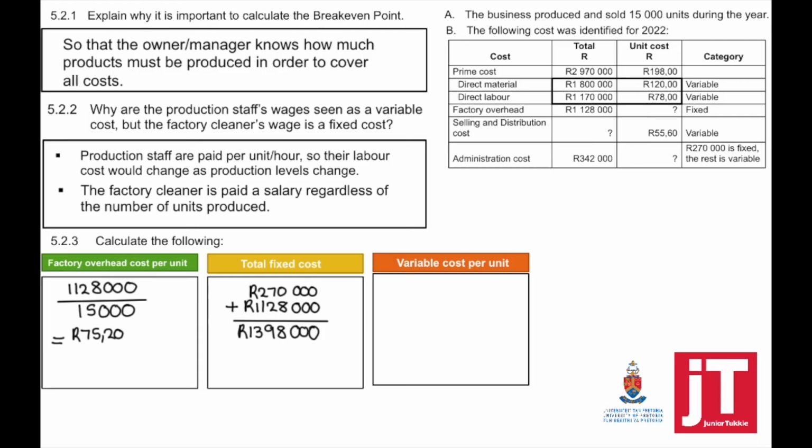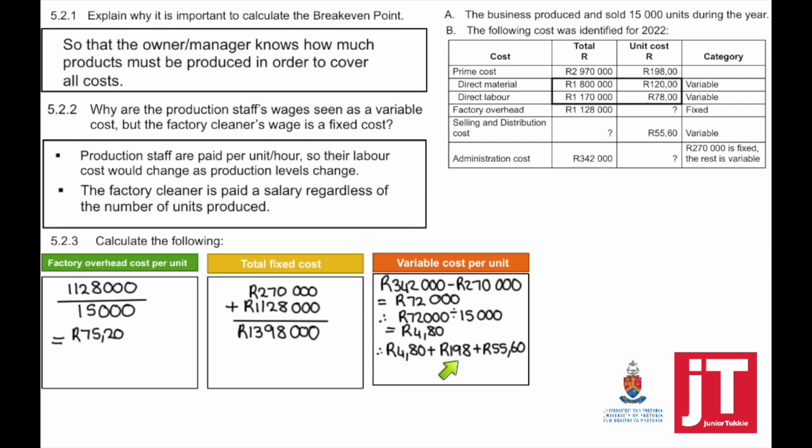To calculate the variable cost per unit, we need to take now the administration cost, 342,000, minus 270,000. Then we're going to divide by 15,000 units because we want the variable cost per unit, and then we're going to add the direct material cost and direct labor cost. They've given that to you, 198.